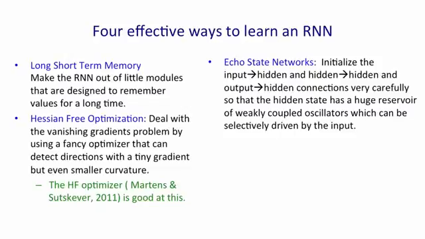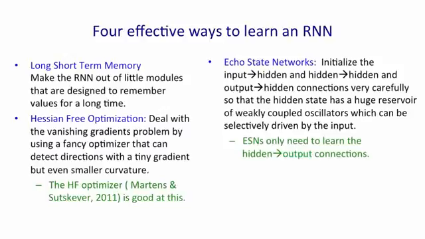So if you hit it with an input sequence, it'll reverberate for a long time, and those reverberations are remembering what happened in the input sequence. You then try and couple those reverberations to the output you want. And so the only thing that learns in an echo state network is the connections between the hidden units and the outputs. And if the output units are linear, that's very easy to train.